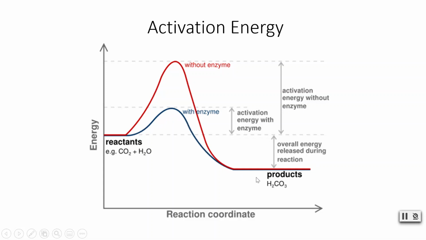We still get the same product. We have less input of energy. We didn't have to use quite as many ATPs, which means we get to do this a lot faster because we didn't have to wait and wait and wait to gather up all these ATPs to make this happen.